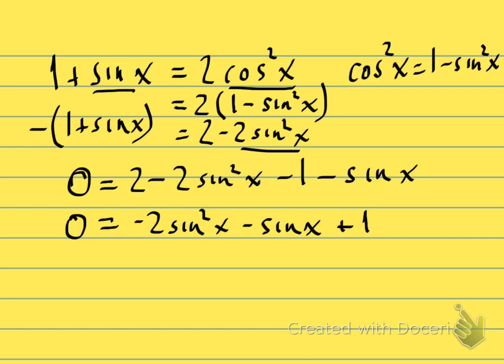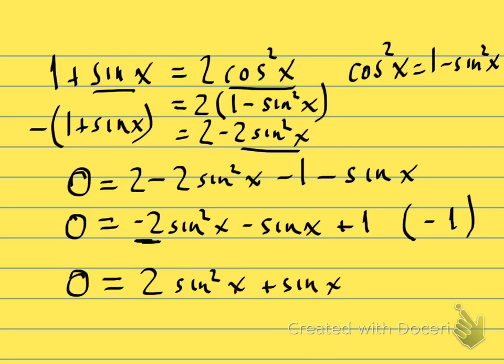And just to make it a little bit simpler for myself, I'm going to multiply the entire equation by negative 1. I'm especially looking at this negative 2. I don't really like to have a negative quadratic term in my equations. That's a personal preference, I suppose. But anyway, my equation now is going to turn into 2 sine squared x plus sine x minus 1.